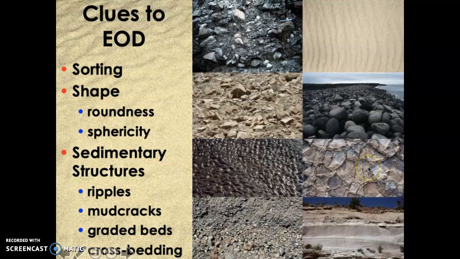On the right-hand side, next to that, you can see mud cracks. And then underneath that, you can see something that we call graded bedding. You'll notice there are kind of large pieces at the bottom, and the size gets smaller and smaller as you move up toward the top. And then on the lower right-hand corner, you can see something that we call cross beds.